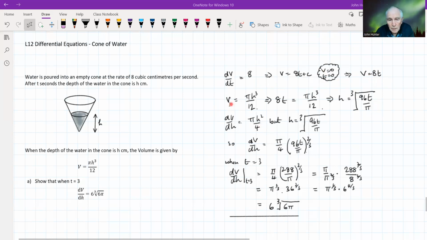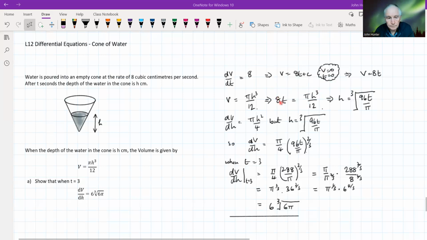Now we've got V equals pi h cubed over 12. Aha. Now we've got V in terms of t there, we've got V in terms of h there. We can bash these two together, give ourselves this equation, 8t equals pi h cubed over 12. And this is our relationship between t and h.